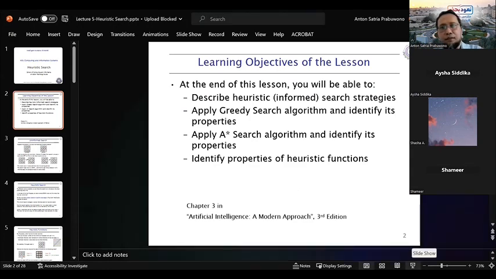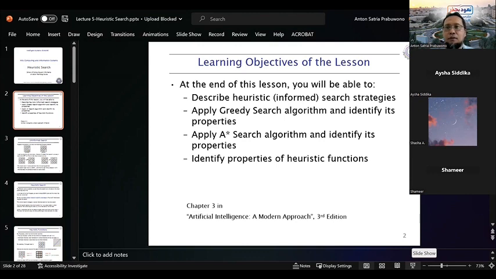So the learning objectives of this lesson. At the end of this lesson, students should be able to describe heuristic, in this case informed search strategies, and then apply the greedy search algorithm and identify its properties, and then apply the A star search algorithm and identify its properties as well, and identify the properties of the heuristic function.